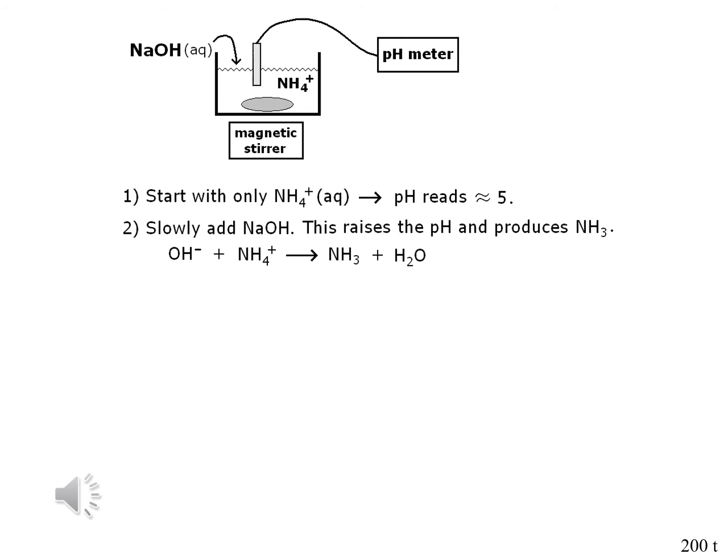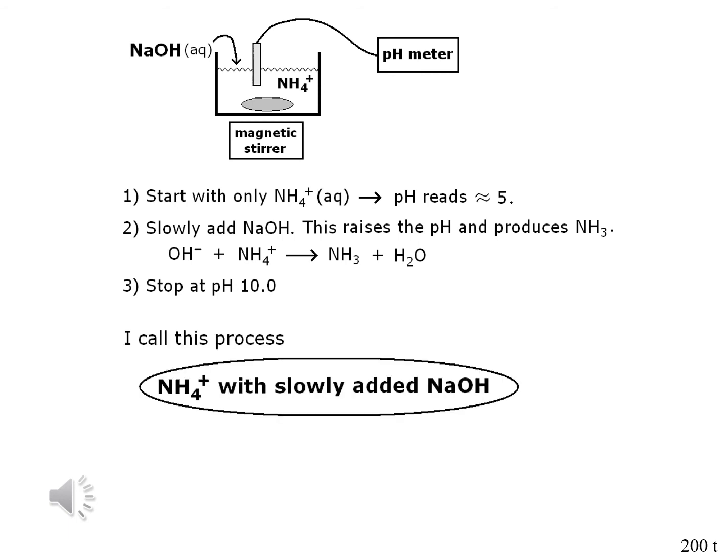So the definition is still the same, a weak acid and the conjugate base, but you're using the OH to generate the other component. And then you can stop at pH 10 again and your buffer's just right. This one I call NH4 plus with slowly added NaOH, and I will always use NaOH as the strong base.